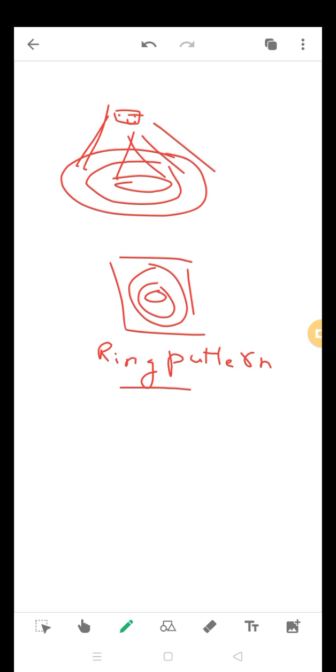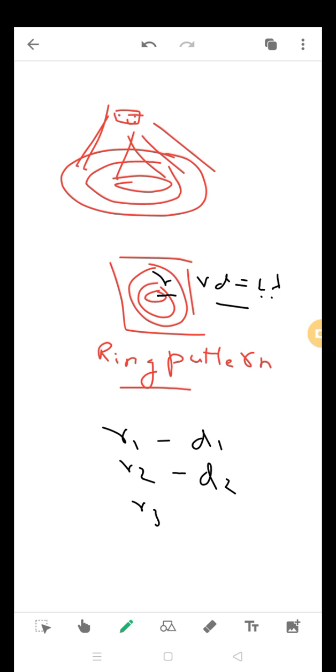Now this ring pattern can be analyzed by the equation that we have just derived, that is R d = L lambda. This is the center, and R is the radius of the circles. We know the camera length and the lambda, so from this equation we get d. Say we have three circles: R1, R2 and R3 will give us d1, d2 and d3.